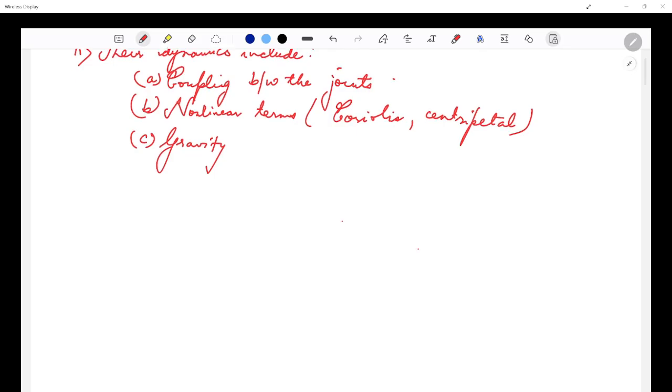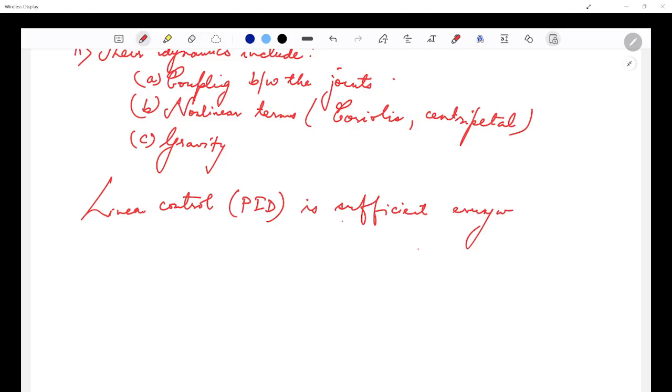So linear control, which in our case was just PID, is not sufficient everywhere in the space.